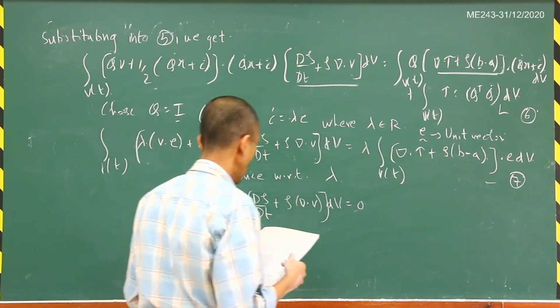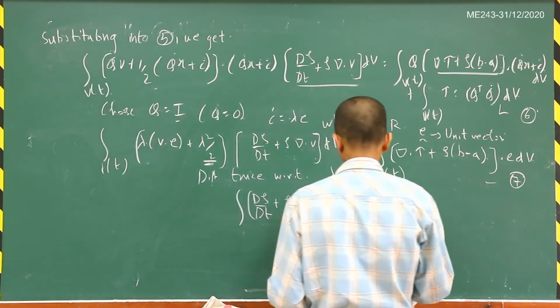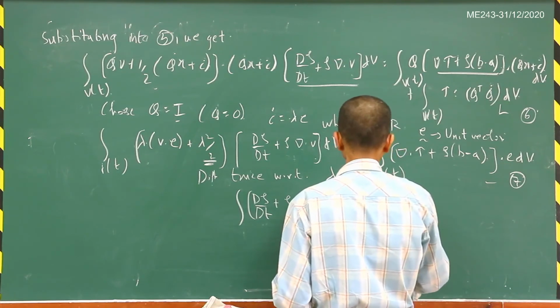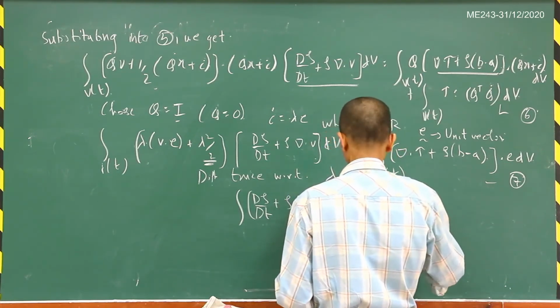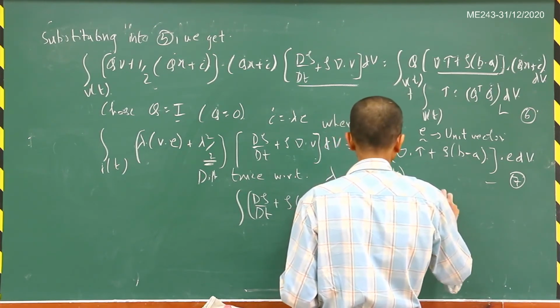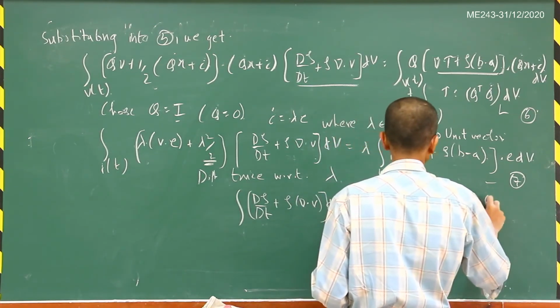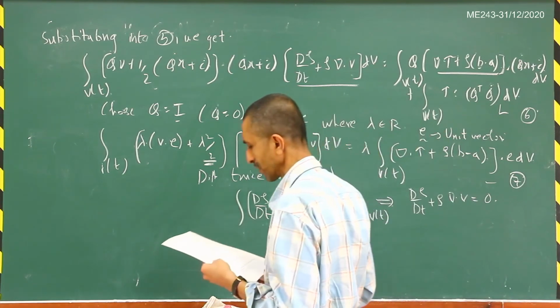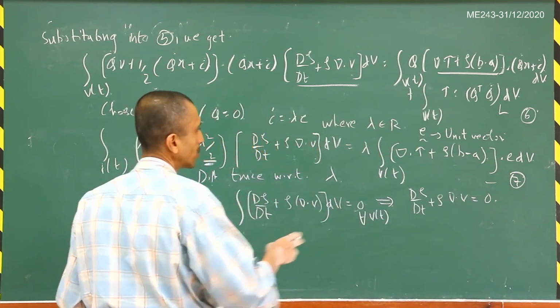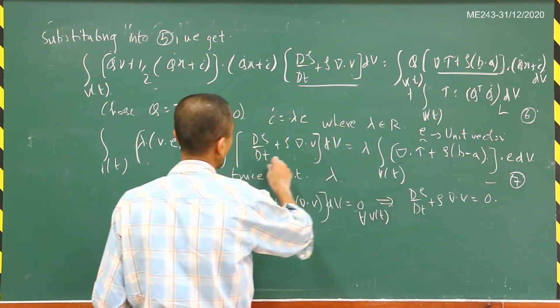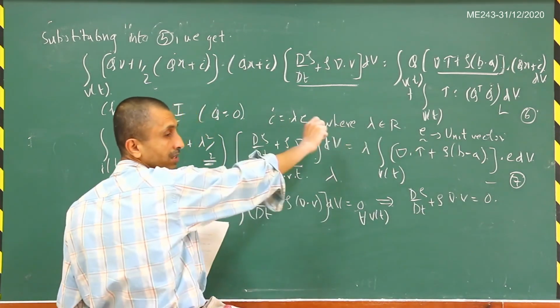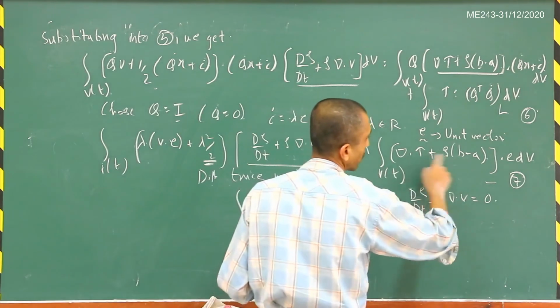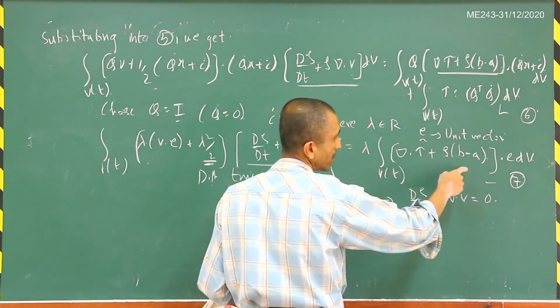Then use localization. This is valid for all V of t. So by localization, you get d rho by dt plus rho del dot v is equal to 0. Now substitute this result into 7. The whole left hand side goes to 0, so only the right hand side is equal to 0.